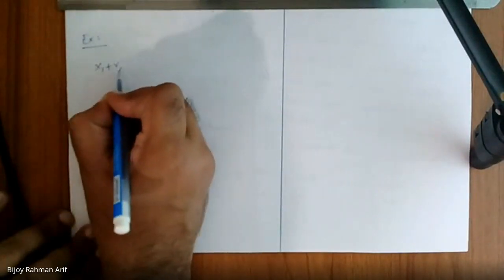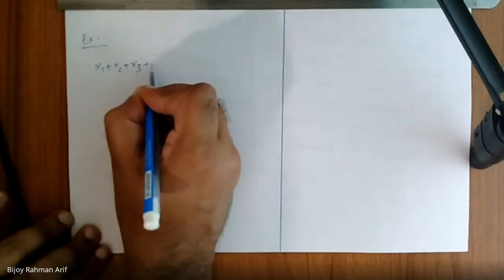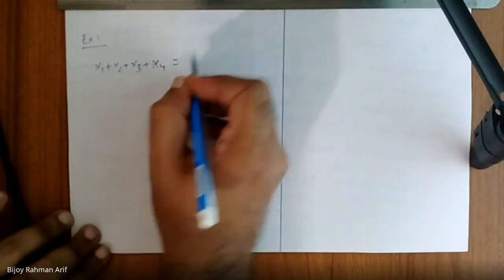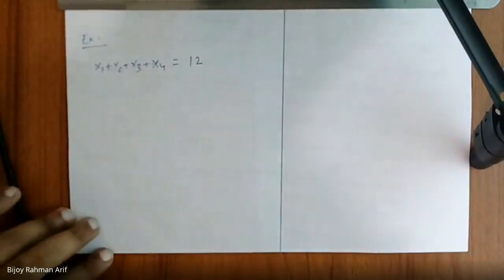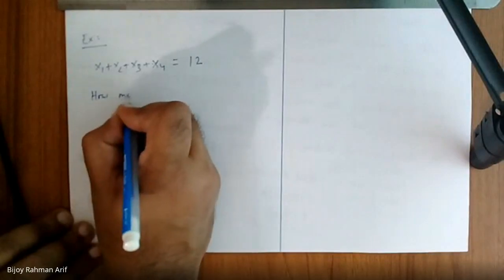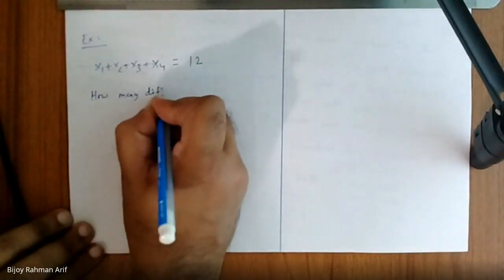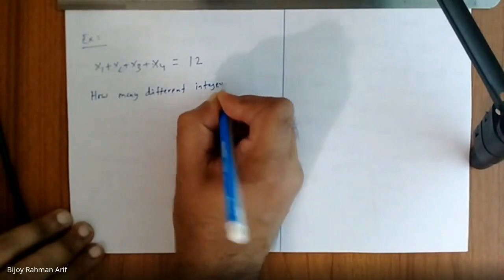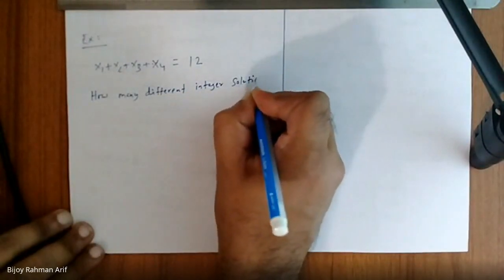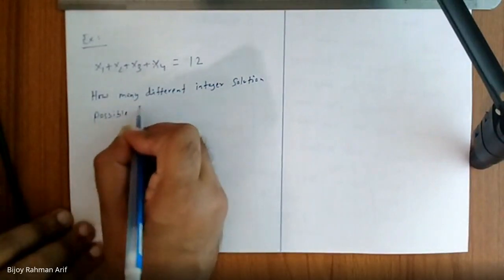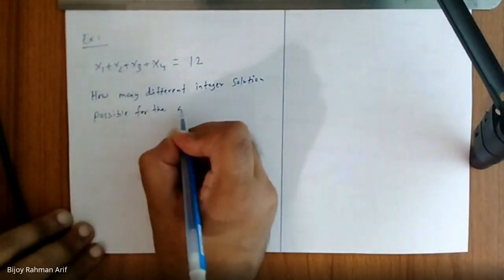x1 plus x2 plus x3 plus x4 is equal to 12.